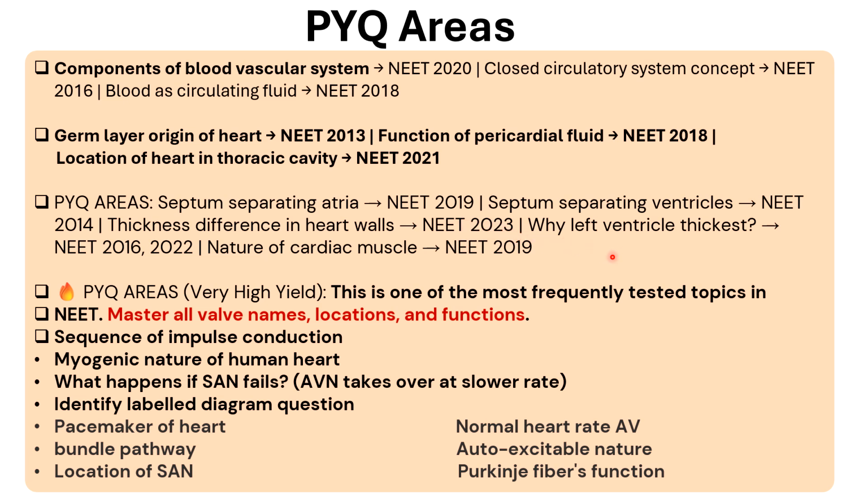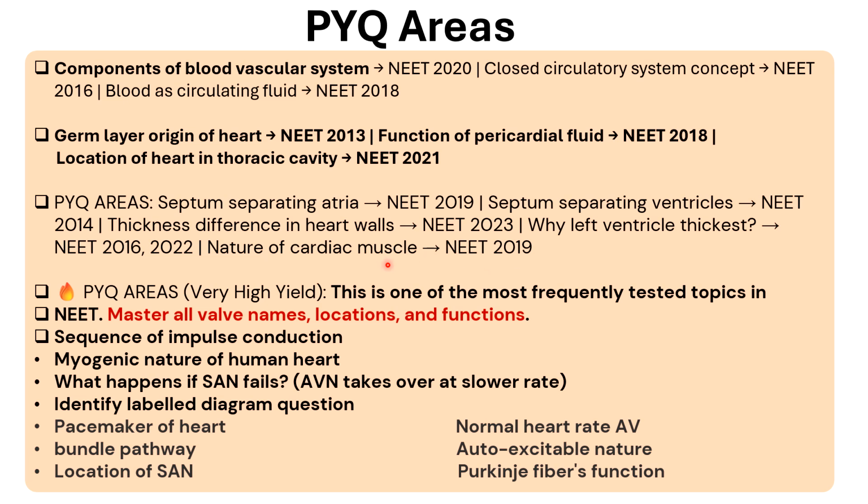The left ventricle is the thickest because it pumps blood to the aorta, which supplies all the important organs, while the right ventricle only pumps to the lungs. Clear about it? And the nature of cardiac muscle came in NEET 2019.